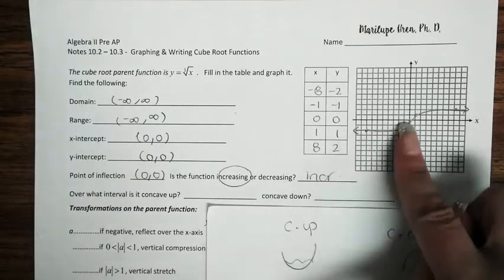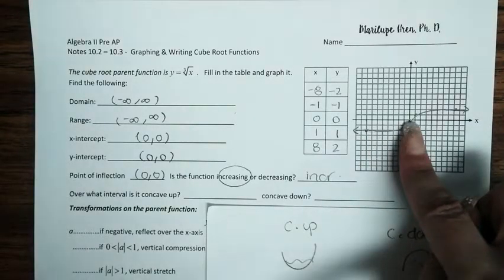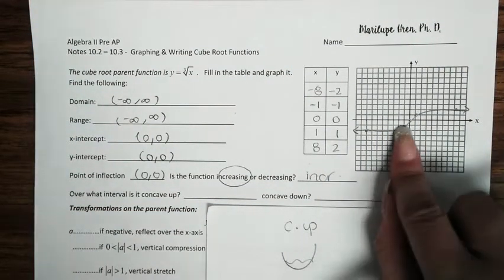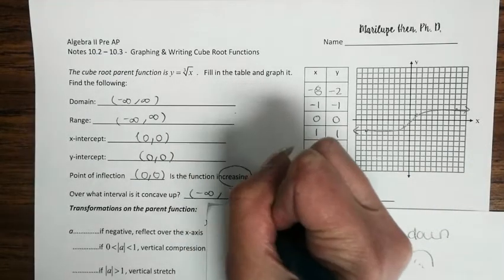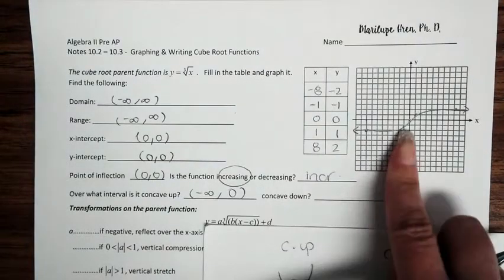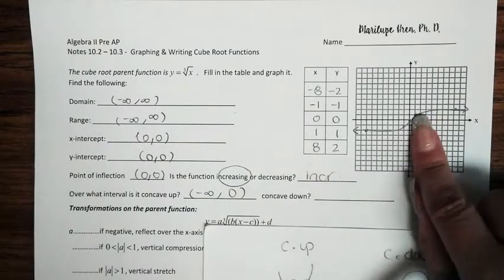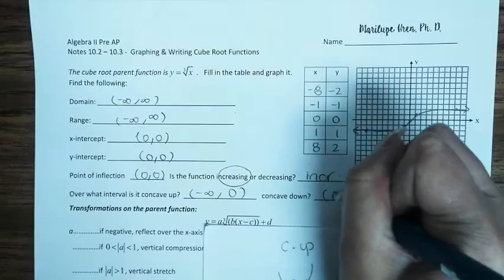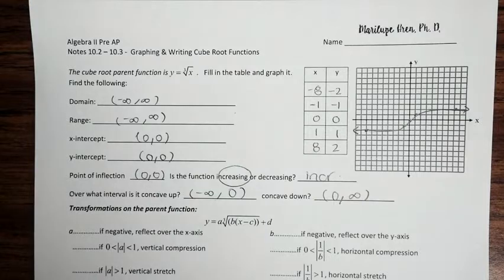It would be like concave up, I would say. So you know that it's concave up here, because even though it's not identical, you can hold the water here, so this would be concave up from -infinity to 0. You are never going to include the point of inflection. Then concave down, you're basically dropping the water here. Remember, this is halfway through the cup, so when you're dropping the water, it's going to be from 0 to infinity. So that's for that.